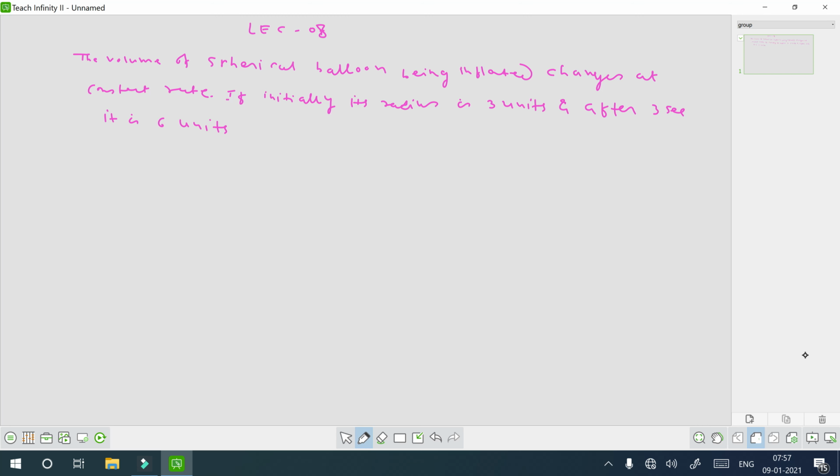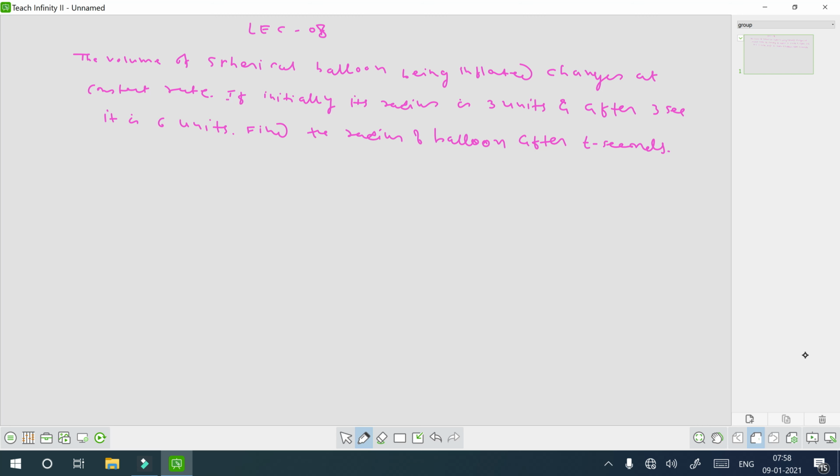Clear? That is given to us. Find the radius of the balloon after t seconds.